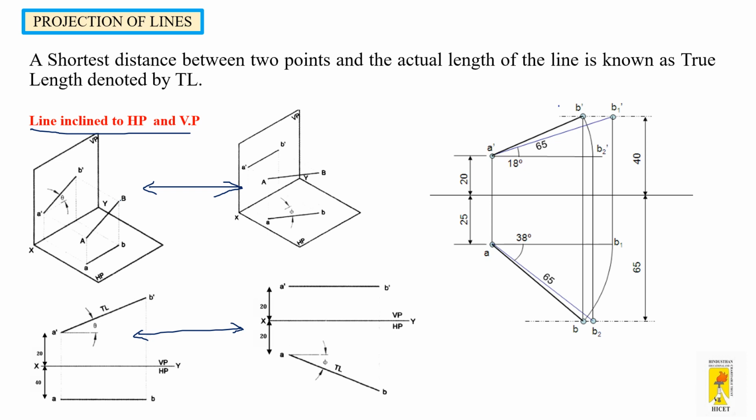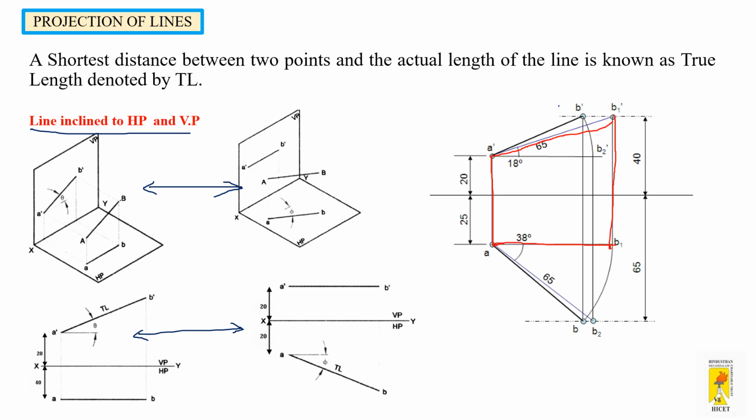The line inclined to HP, that is A dash B dash, inclined to HP parallel to VP, is drawn first. So you can see it is projected to get the front view. So this becomes the front view.